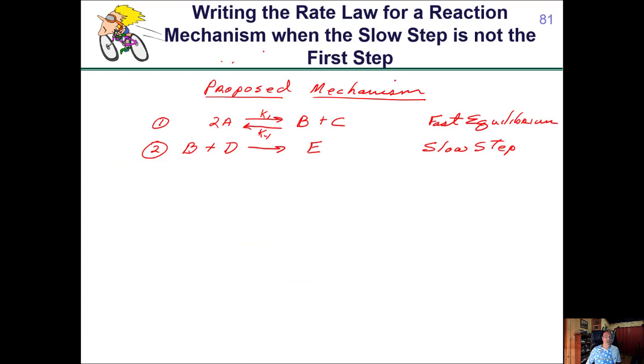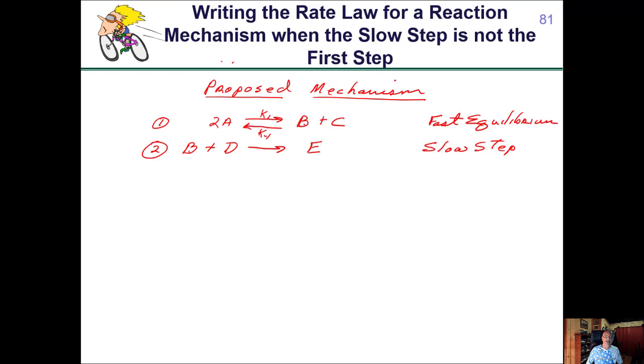All right, so let's write the rate law for a reaction mechanism when the slow step is not the first step. We still operate on the principle that the rate law is going to be based on the molecularity of the slow step, which is now the second step. One thing to recognize is that this first step is a fast equilibrium, which just means that the rate in the forward direction is equal to the rate in the reverse direction, and it's producing an intermediate.